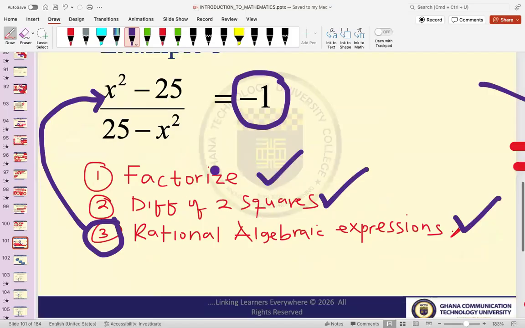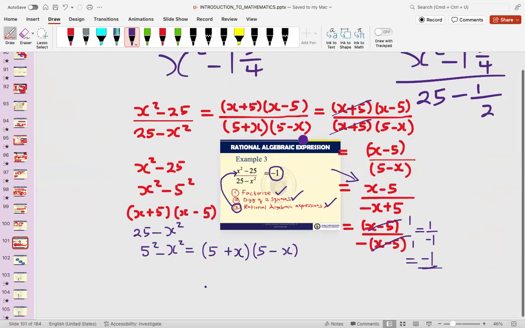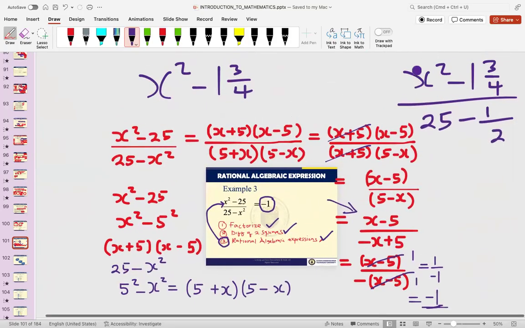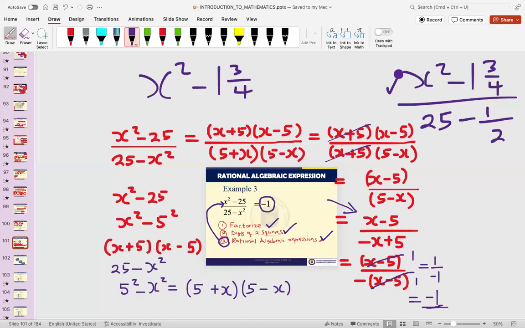How did we do the factorization today? How did we do the difference of two squares today? How did we do the rational algebraic expression today? Once you remember the procedures we used for items 1, 2, 3, any question that is given to you, you should be able to solve it.